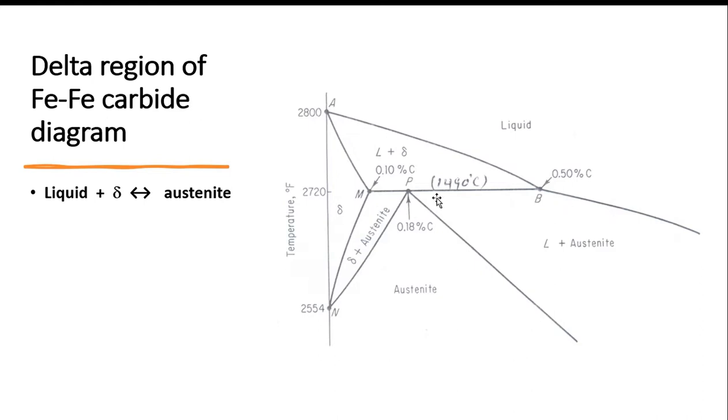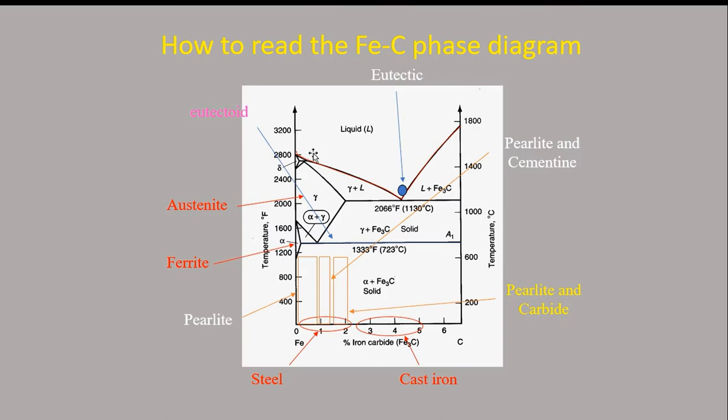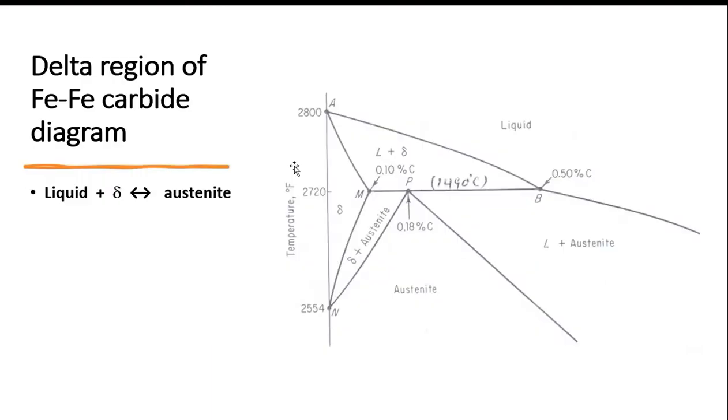So after the temperature, it is 1490, this one here, right? The delta region converts into liquid plus delta. If you increase the temperature after this line, it totally converts to liquid, right? That is 1490 degrees Celsius. In that one, you can see liquid plus delta, right?